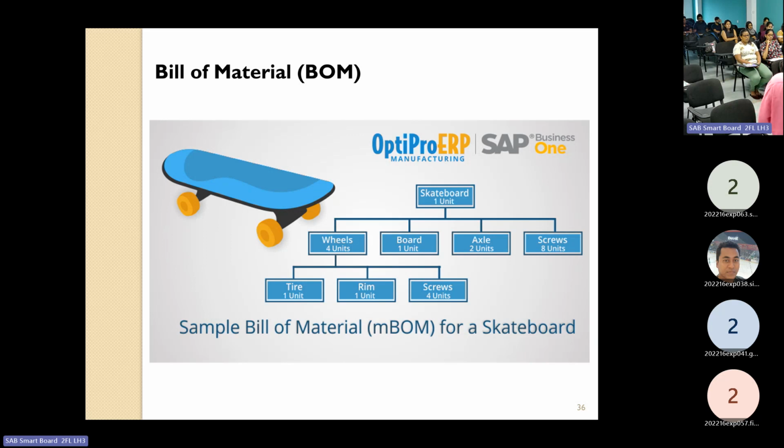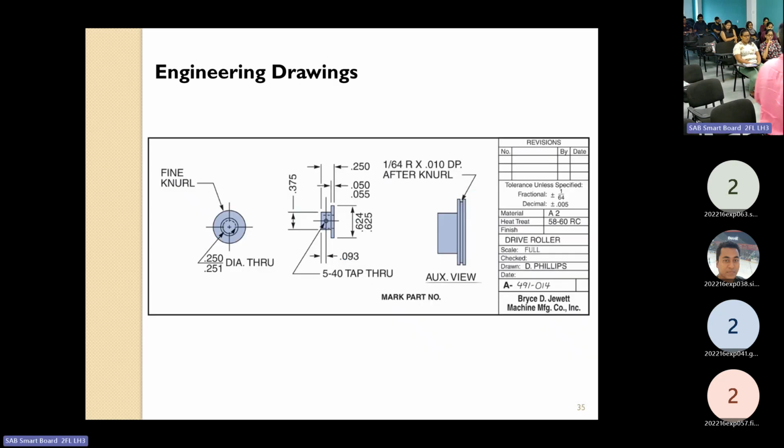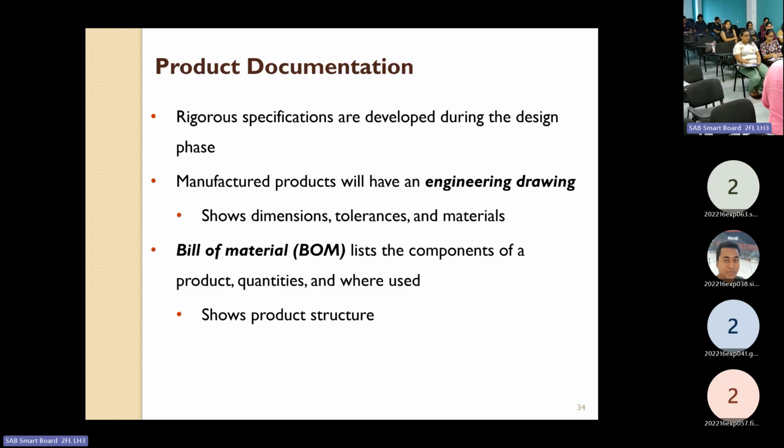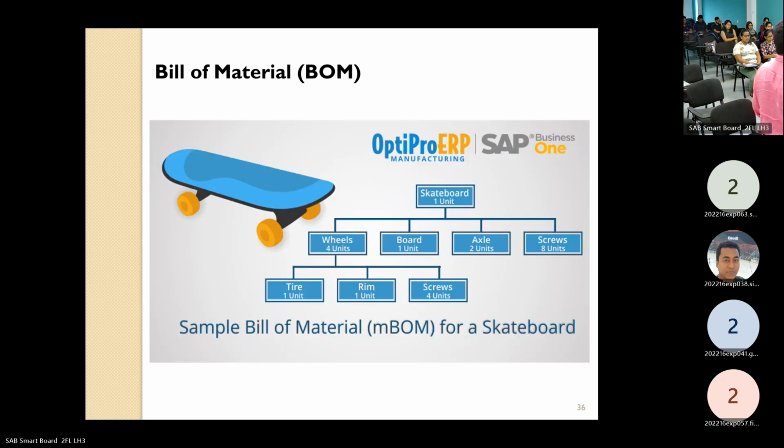So it shows, to get the final output, how many different components in which proportion. What is the name of it? Bill of materials, BOM, presented as a product structure. So you can imagine for a complicated product, there can be different levels. Here only 2 levels, right? 1, 2, right?